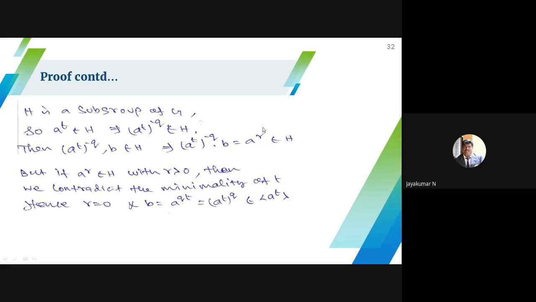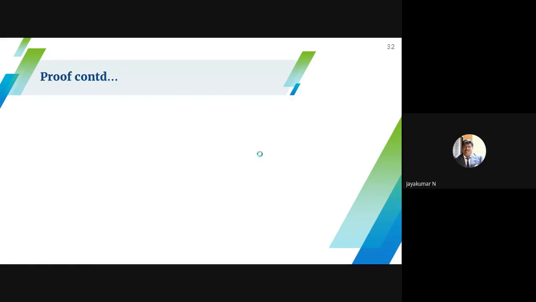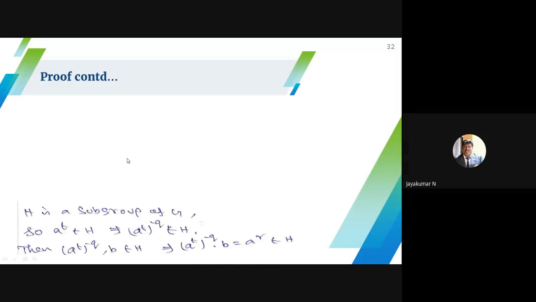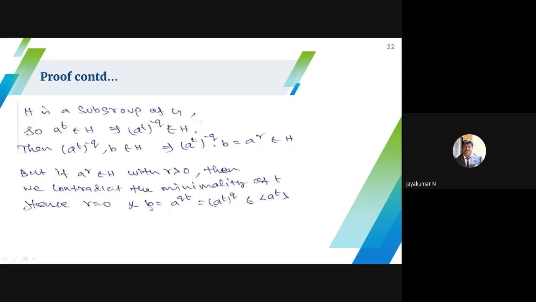Why did I get this contradiction? When applying the division algorithm, I assumed I got a remainder, so only then did I get the contradiction. So finally I can assume that my remainder is 0. So b is represented as a^(qt) plus r.